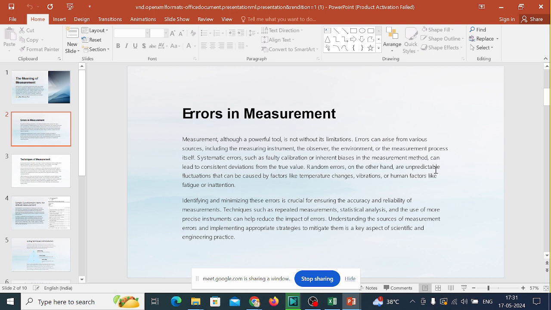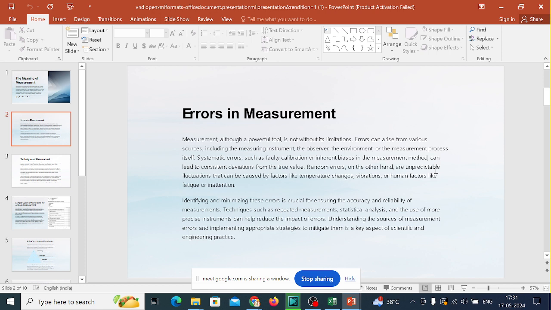Air, environment, temperature, all these factors come under random errors. To rectify those random errors, the salesman or businessman follows this process, so that they can have an accurate measurement of gold.